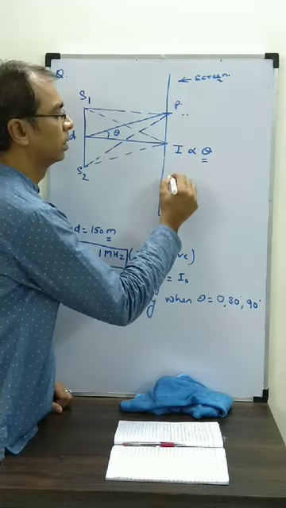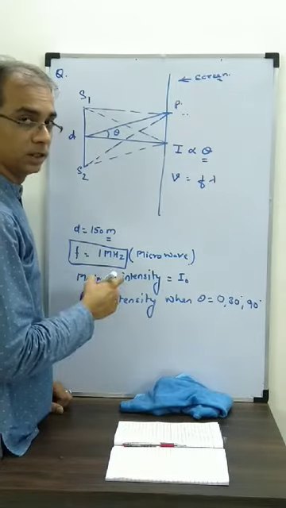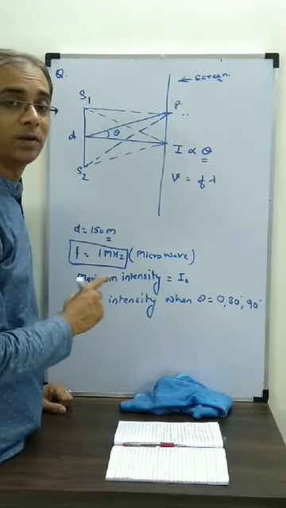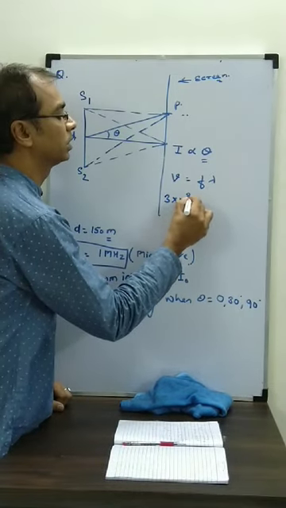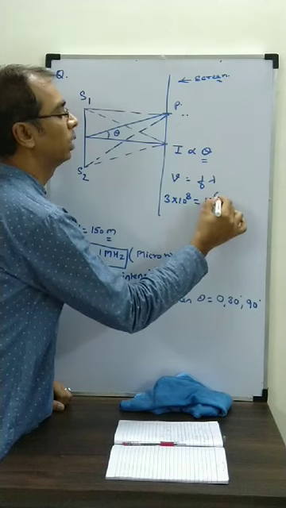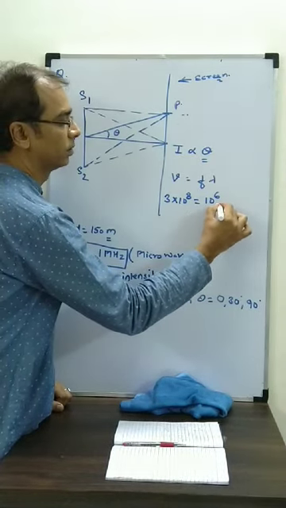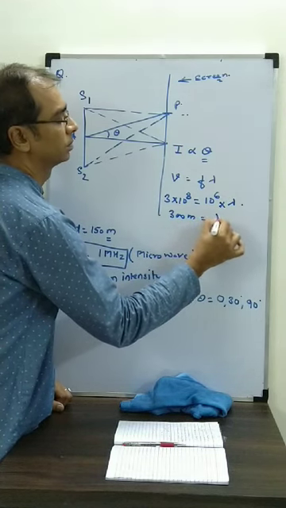What we know: speed equals frequency into wavelength. Microwave is a part of light or sound? It's a part of light. So light speed is 3 into 10 to the power 8 meters per second. Frequency is 1 megahertz, that means 10 to the power 6, into wavelength. What we are getting is 300 meters. This is the wavelength.